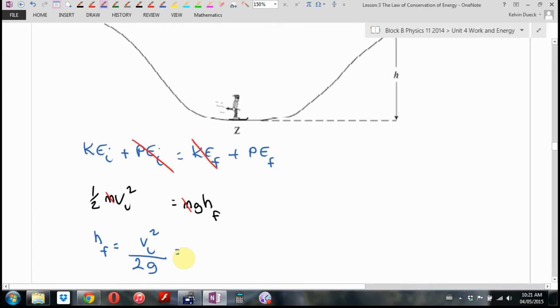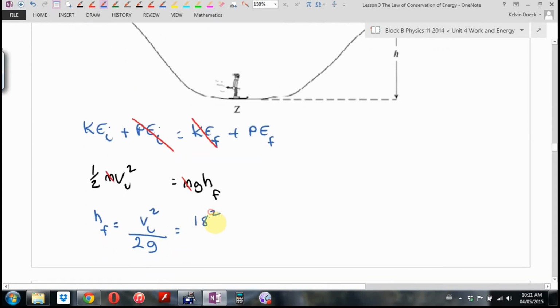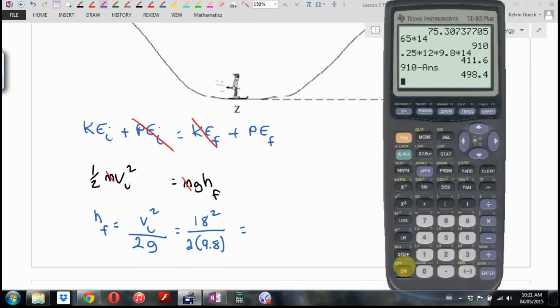What was v initial? 18 squared divided by 2 times 9.8. How high up the hill will they go? You get, what, 16.5 meters?